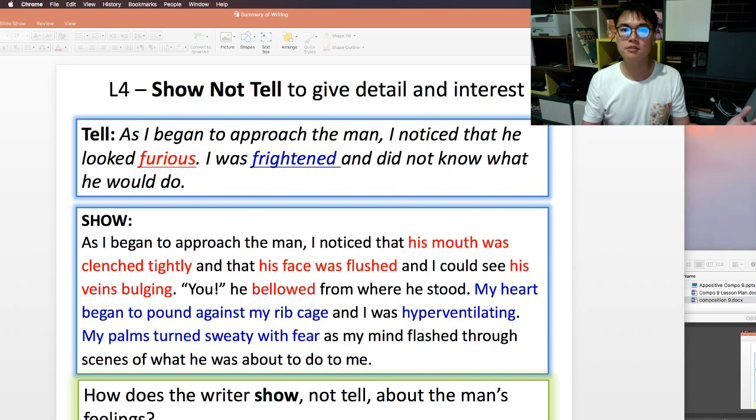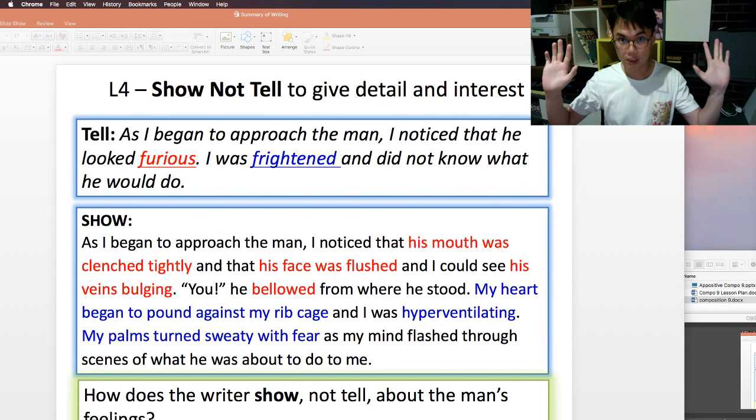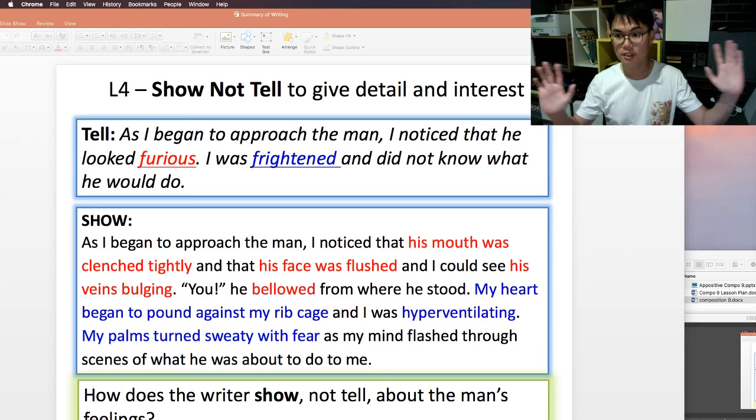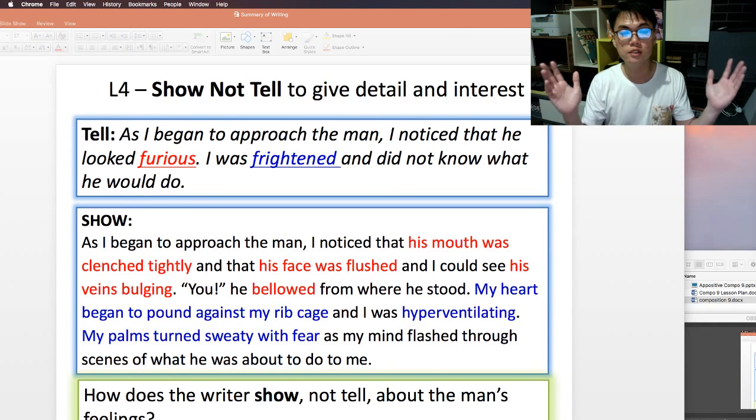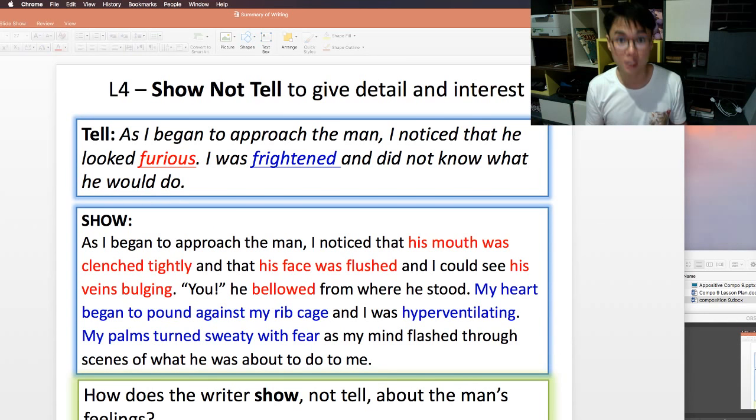So what are the clues that show you that I'm frightened? Heart pounding in my chest, hyperventilating, palms sweaty with fear. These are clues that show the reader that your character is feeling fear.